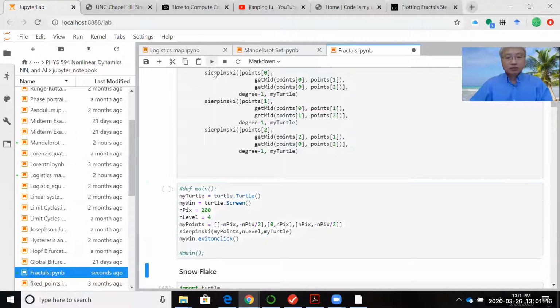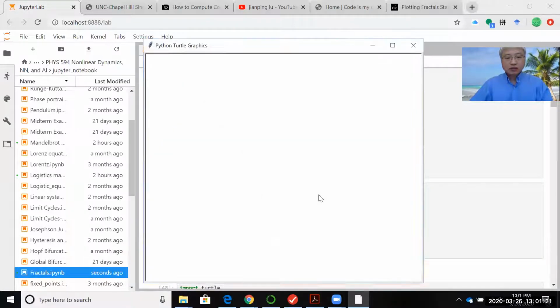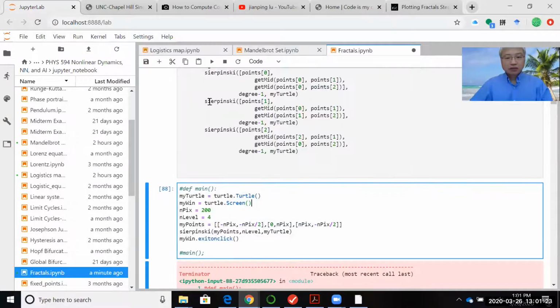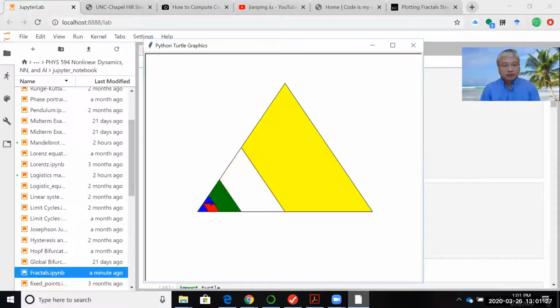Let me run on level 4. I need to run twice. Now you see this. Anyway, this is a level 4 iteration.